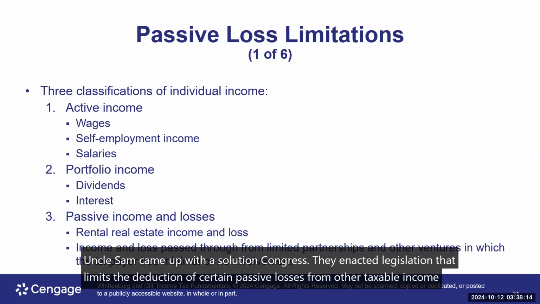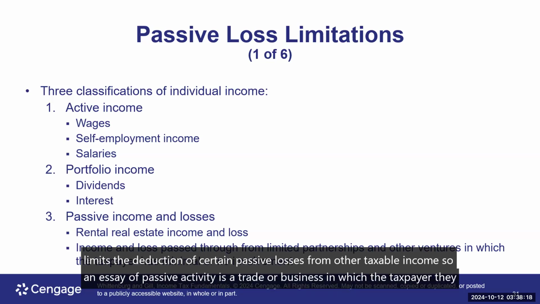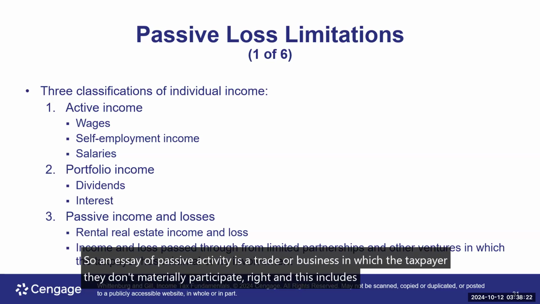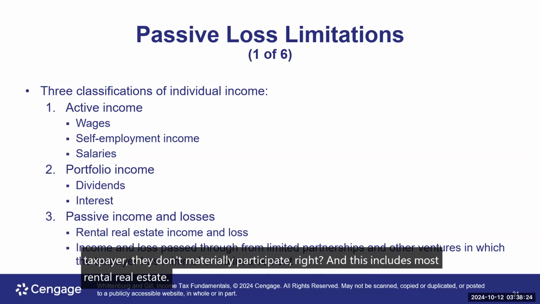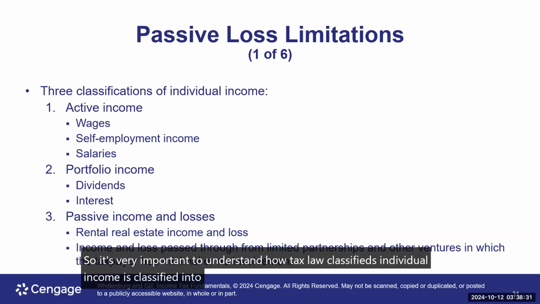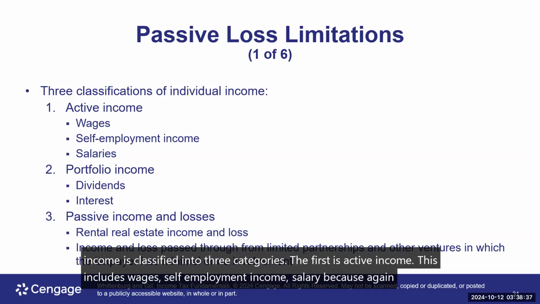So in essence, a passive activity is a trade or business in which the taxpayer doesn't materially participate, right? And this includes most rental real estate. So it's very important to understand how tax law classifies individual income. It's classified into three categories. The first is active income. This includes wages, self-employment income, salary, because again, if you don't work, you don't get paid.